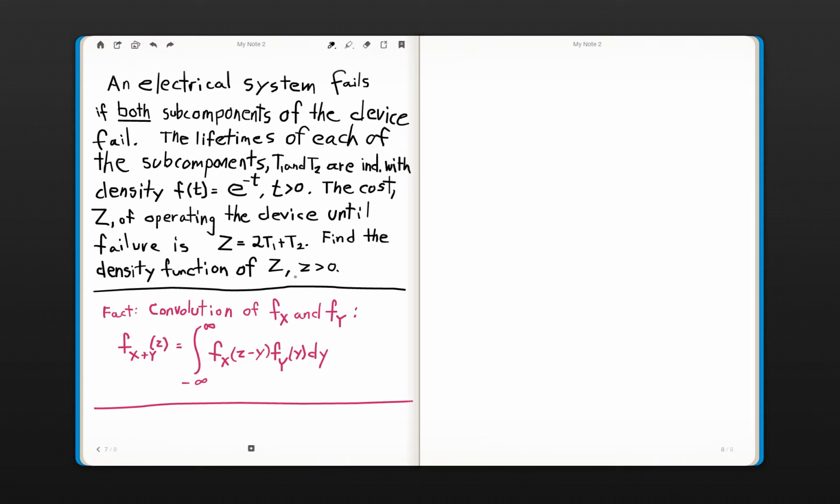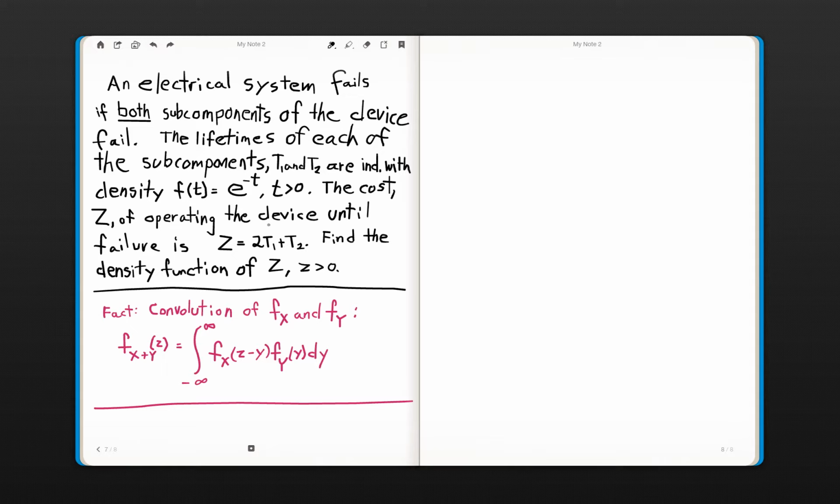So this is a transformation problem, and it's a little bit more involved because it involves addition, the sum of two independent random variables. When you see that, you should immediately recognize, oh, this is probably some form of a convolution problem, which it indeed is.